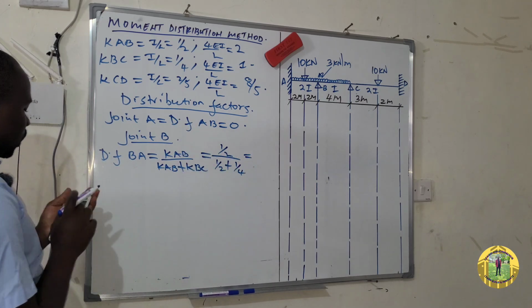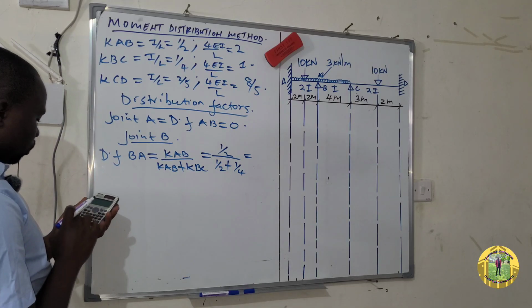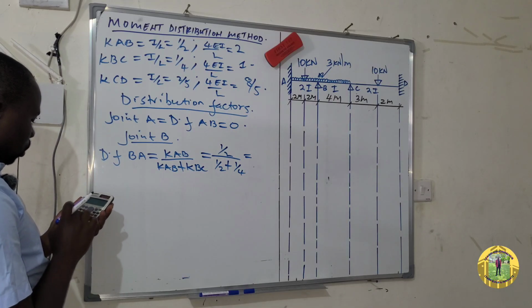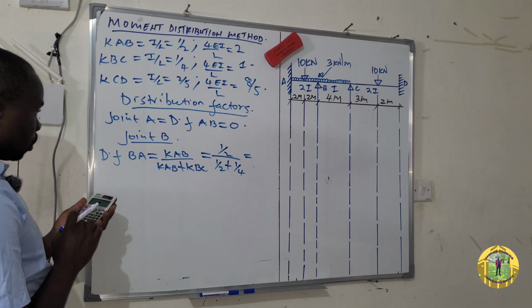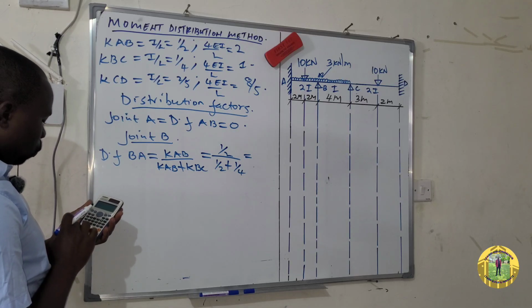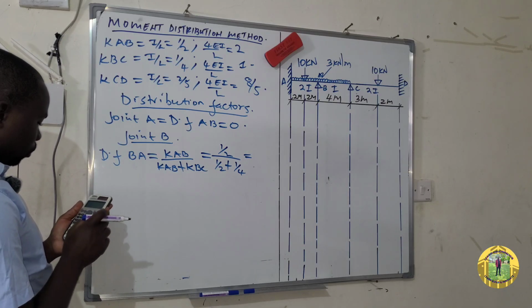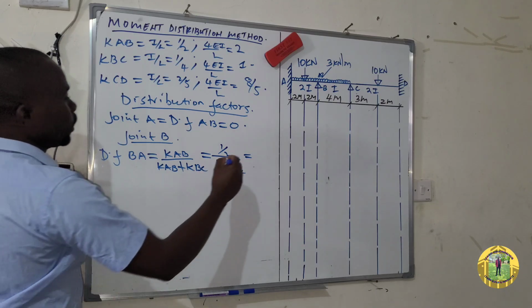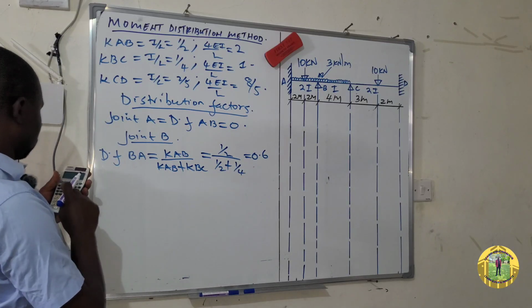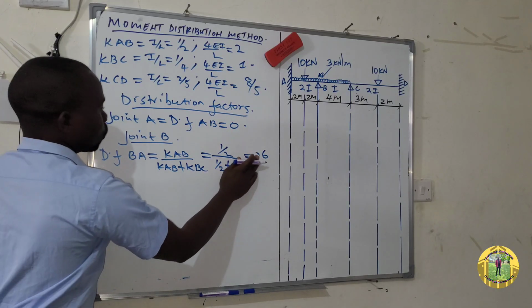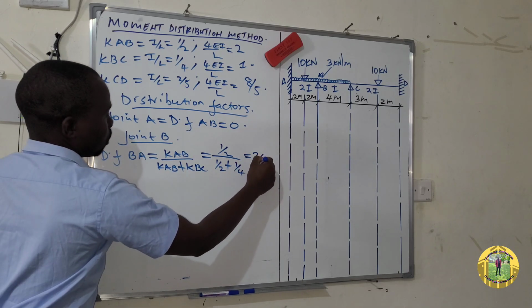So we'll get 0.6, or let's use the fraction. This is 2 over 3.